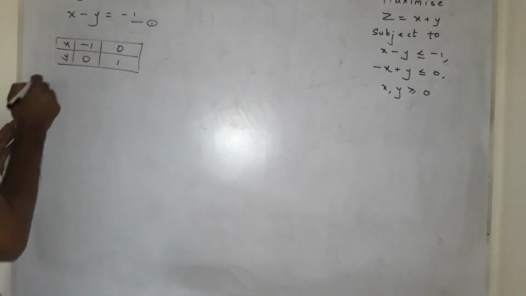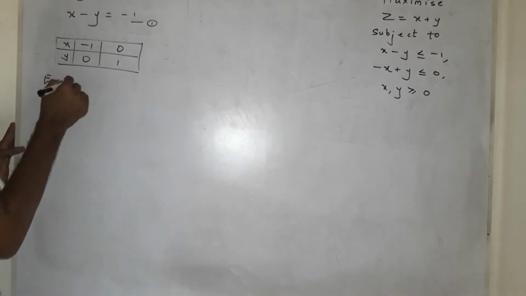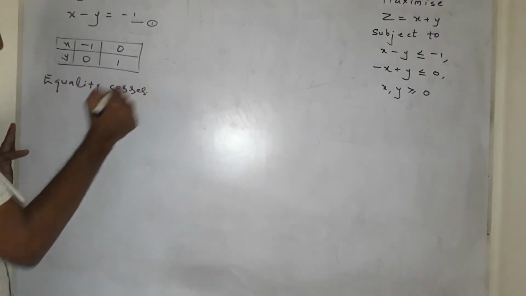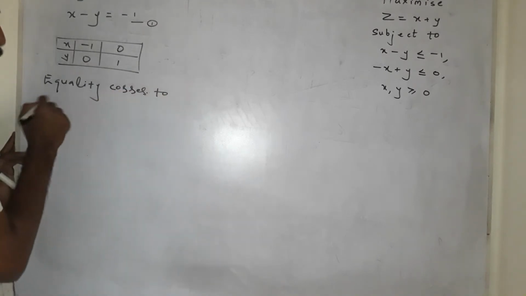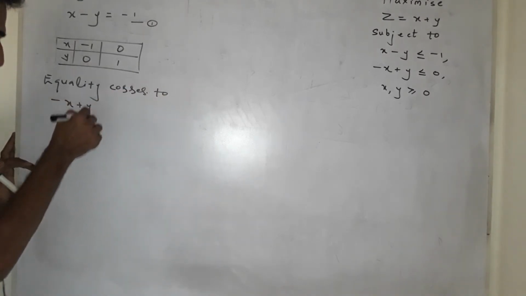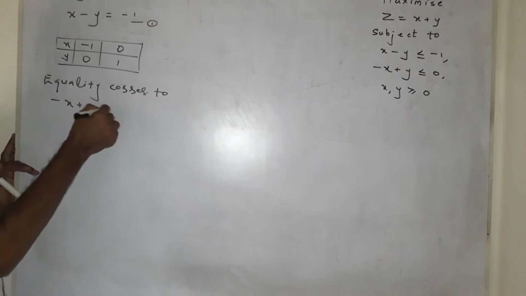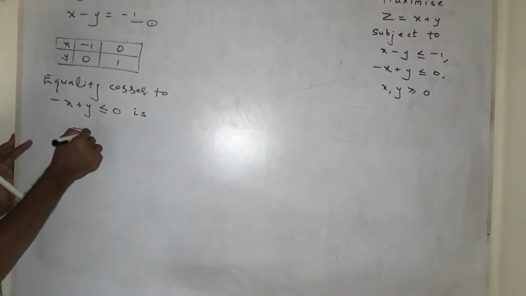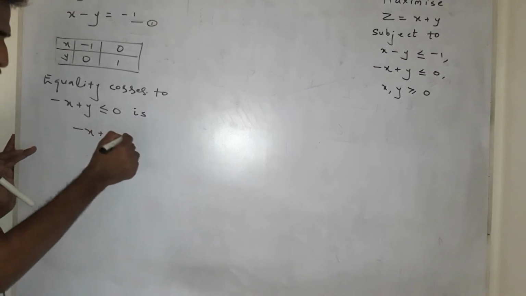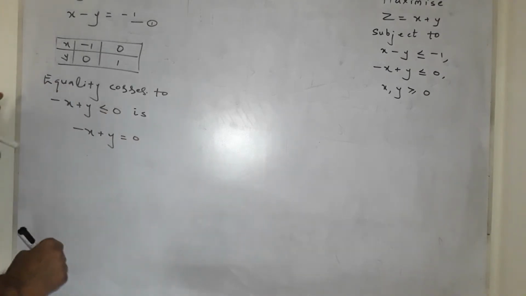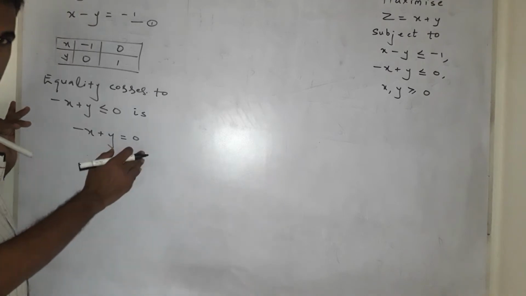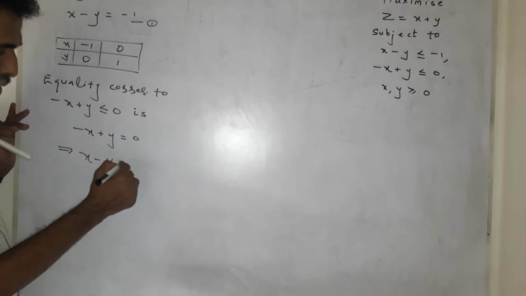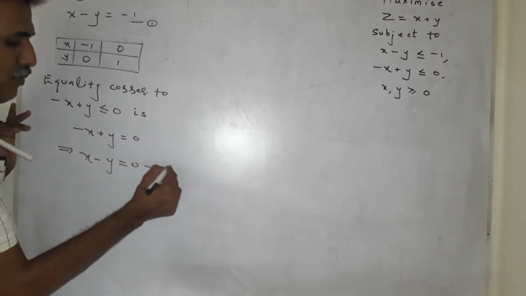The other inequality. So equality corresponding to minus x plus y less than or equal to 0 is minus x plus y is equal to 0. If I multiply by minus 1 on both sides, so what happens? x minus y is equal to 0.